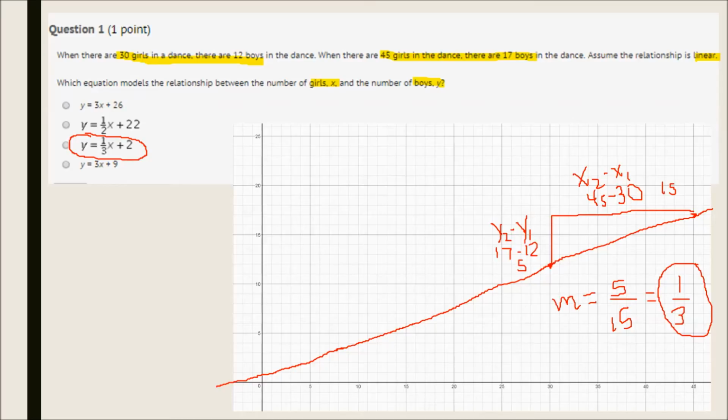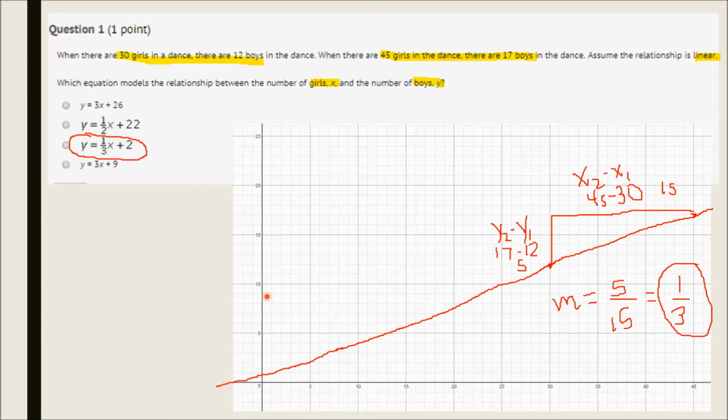That first one would hit at 26. 26 is all the way up here. And then the second equation would hit at 22. That's right here. And this last equation would hit at 9, which is again too high.